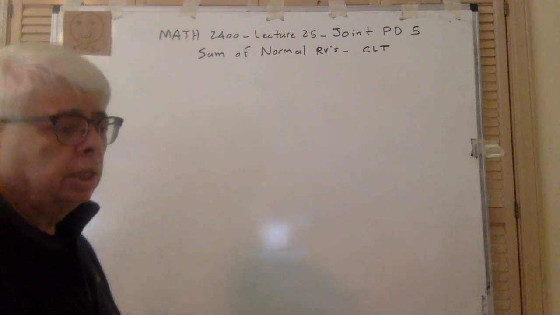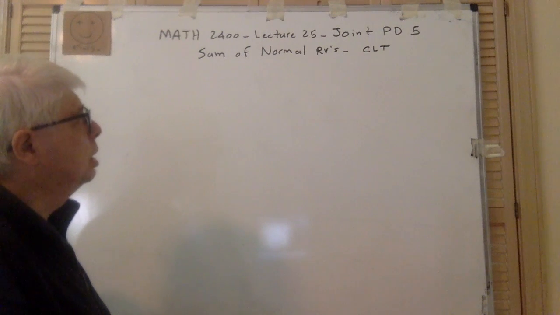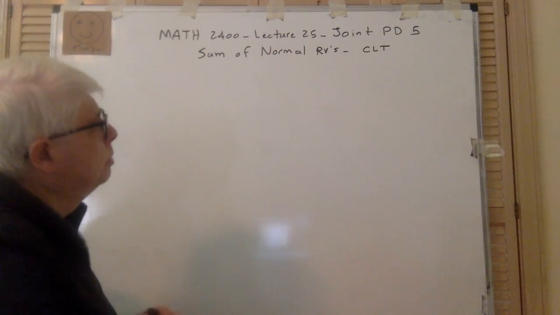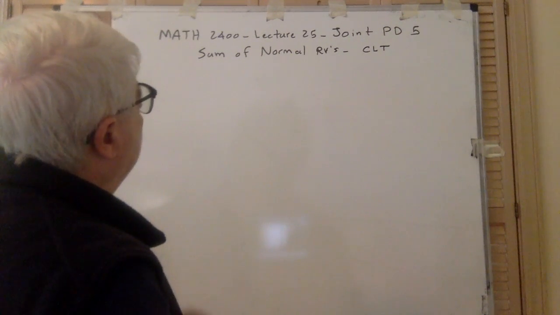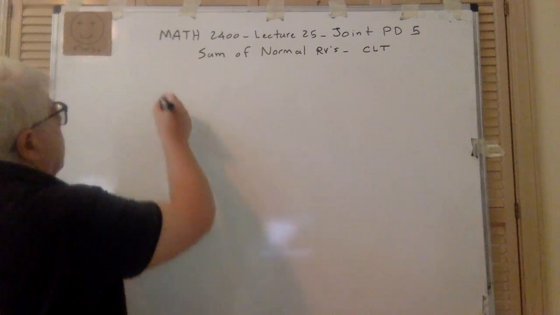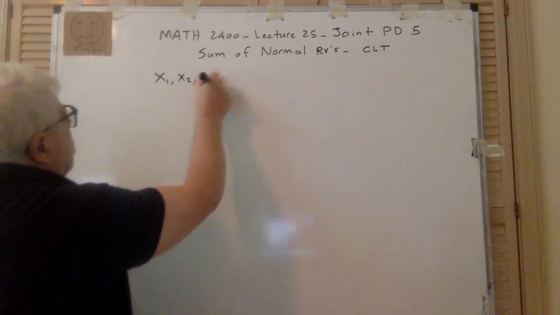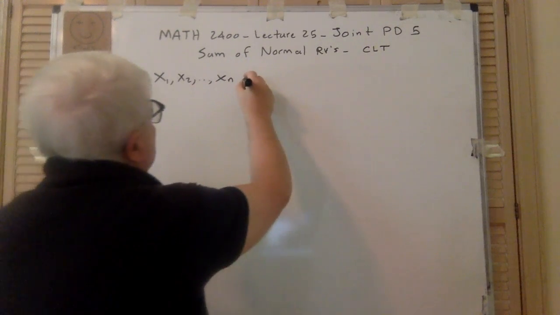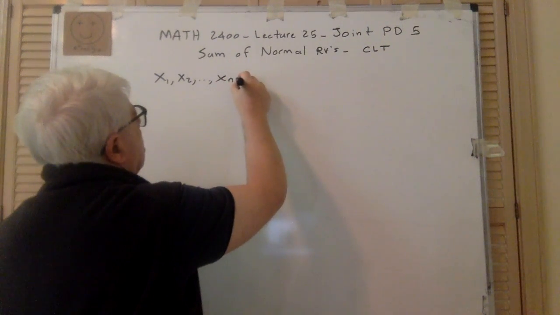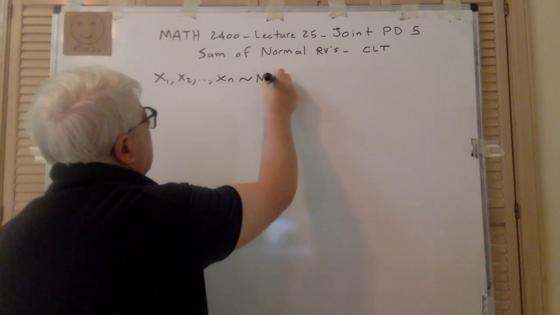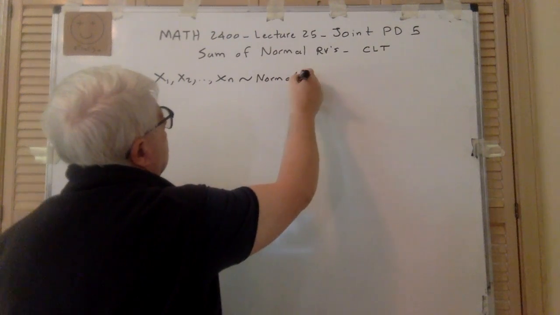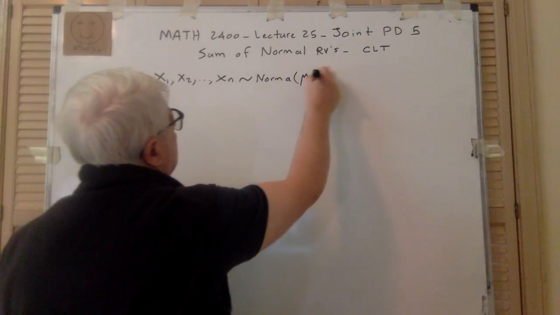So this is something similar to that. Now, we have X1, X2, up to Xn, say they are all normal, let's say with mean mu and variance sigma squared.